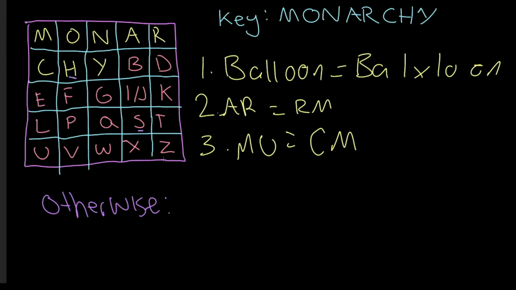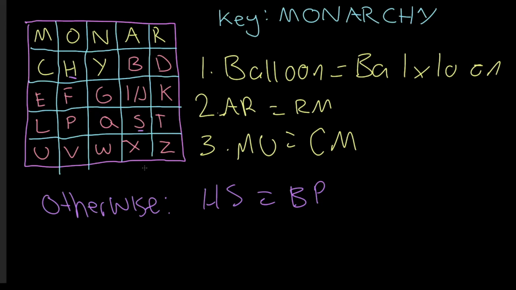HS becomes BP. We have a sort of rectangle happening here. So S is in this column, so we move across and H becomes B. Just the same, H is in this column, so S moves over and becomes P.